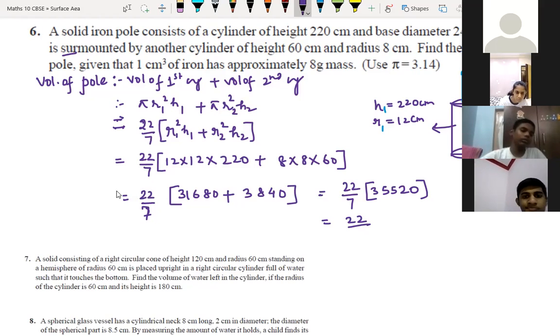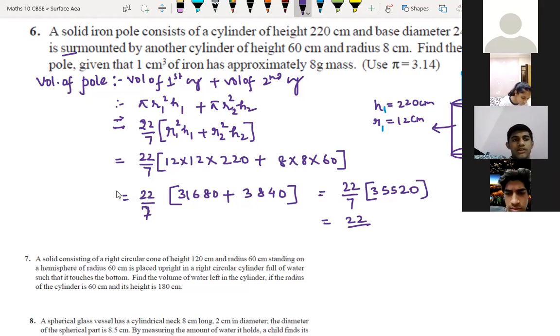The volume is coming in points. Check in the exercise, exercise 13.2, question number 6. Check what is coming there.